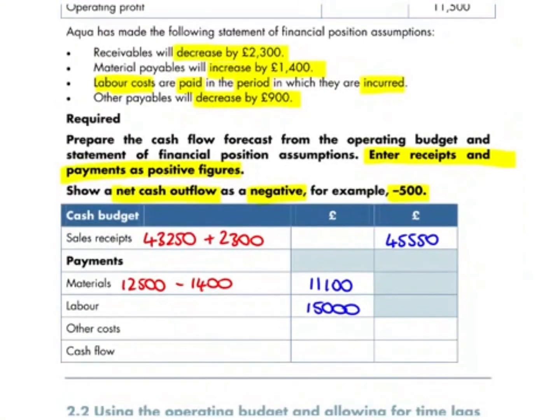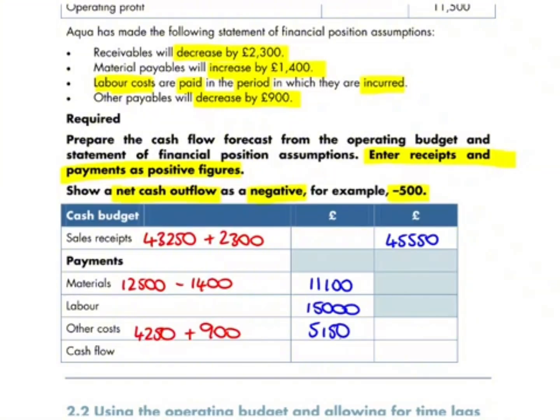So my cash flow from other costs will take the £4,250 from the operating budget, and we're going to add on £900 that represents the decrease in the other payables. So my cash outflow from other costs is £5,150.